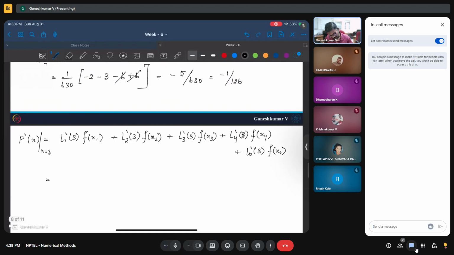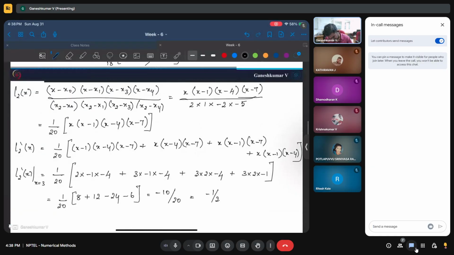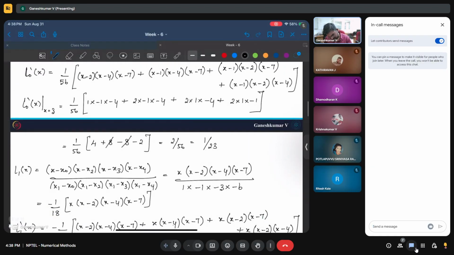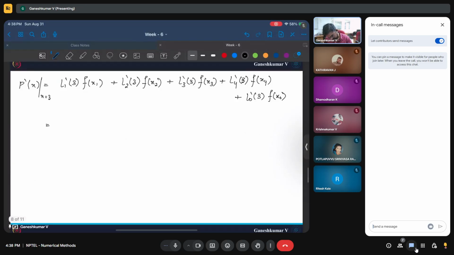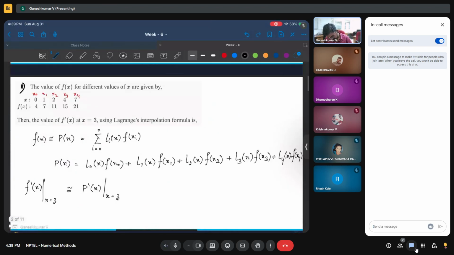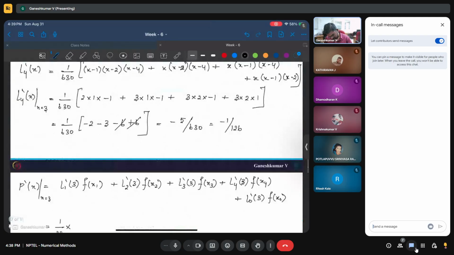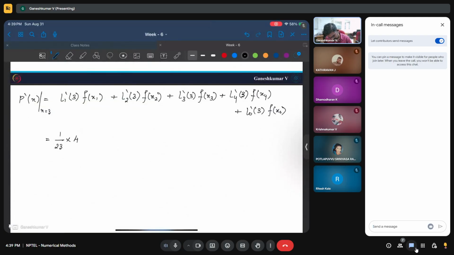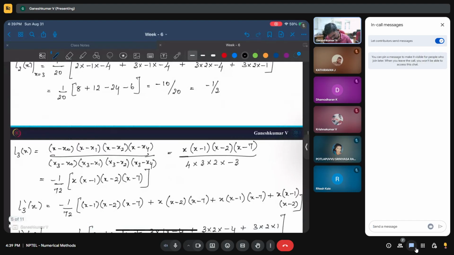Let's just substitute it. L naught dash, what did we find? 1 divided by 23. 1 divided by 23 into f of x1, which is 4, and then this is minus 1 divided by 18 into 7, and L2 dash is, how much is it?